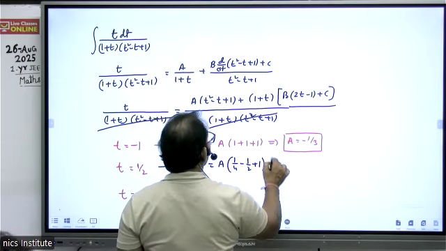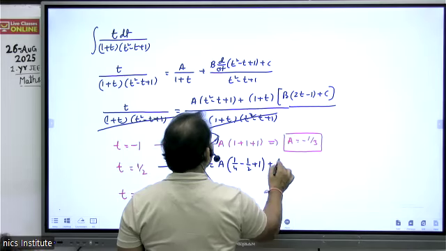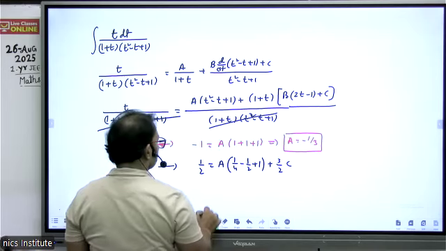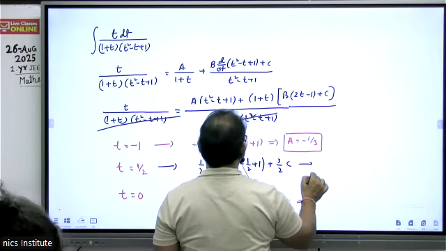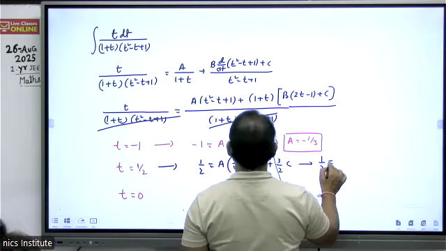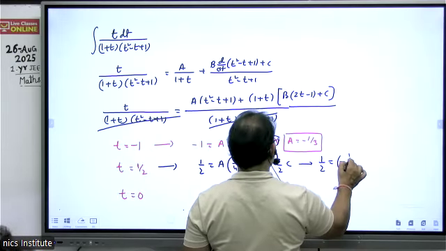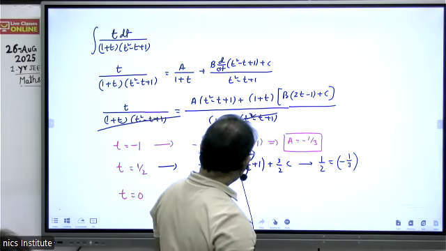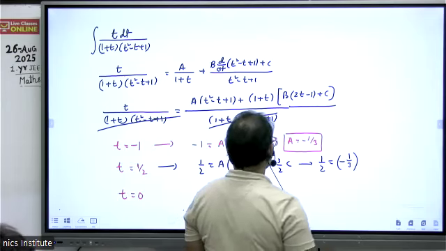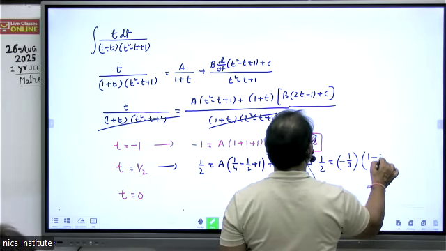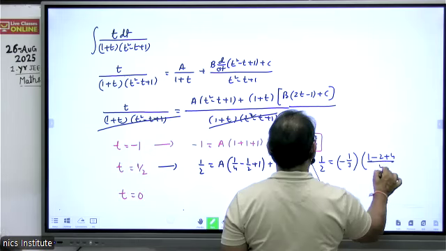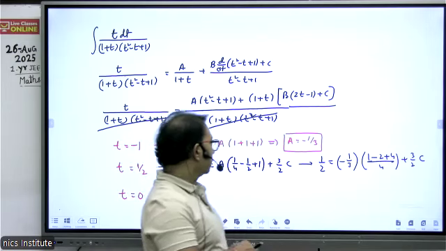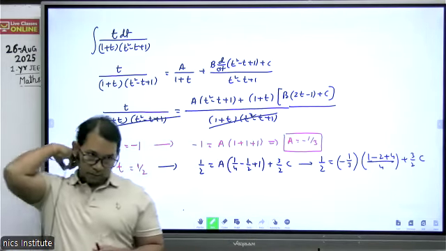This is 1 plus half would be 3 by 2. This would be 0. So 1 by 2, what is A? A is minus 1 by 3. What is this? You take LCM 4. So what is C coming out to be? 4 by 3.